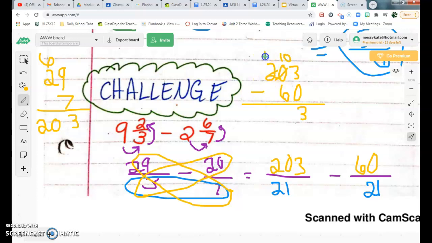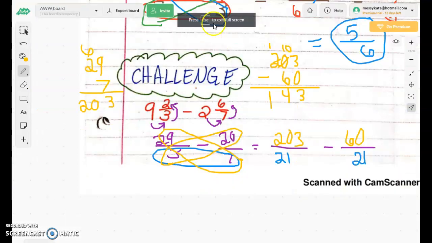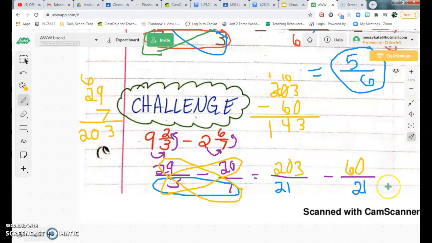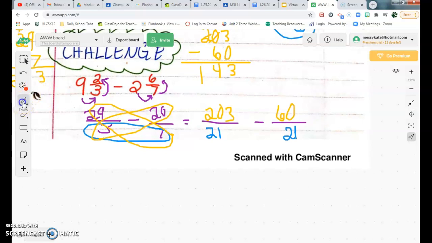This becomes a 1. 10 minus 6 is 4. Bring the 1 down. So now I've got equals 143 over 21.